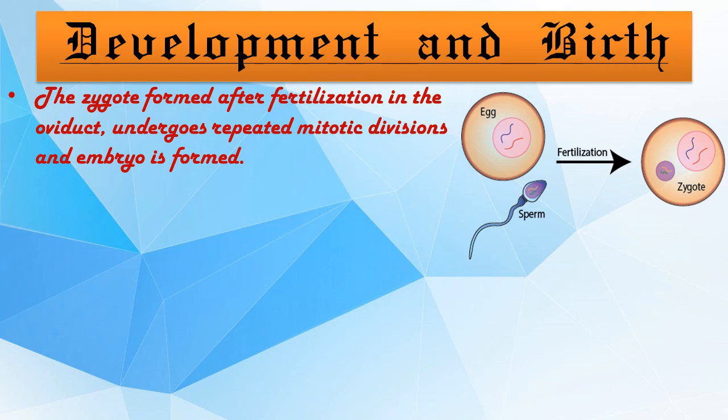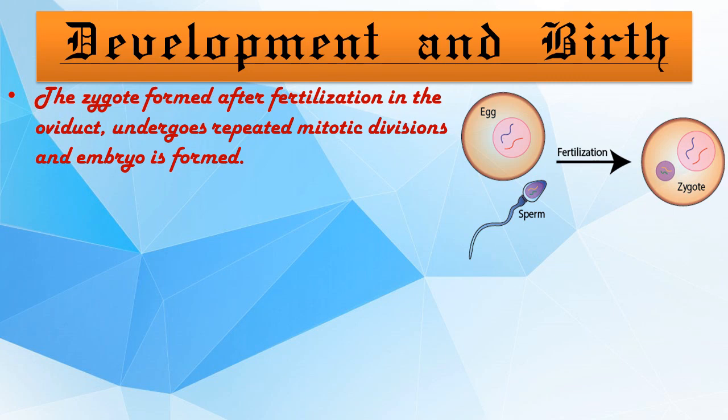In the picture you can observe the egg cell and the sperm cell, that is the male sex cell, uniting together. By the union of these two cells fertilization takes place and a diploid zygote is formed, and then the zygote will start dividing by the process of mitosis.